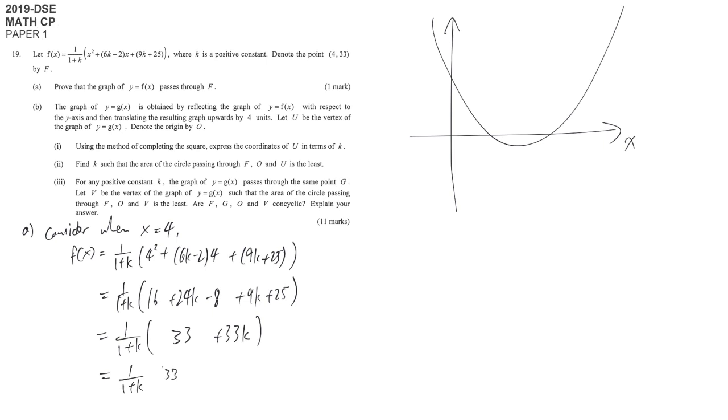So extract common factor 33, and then we find that this part can be cancelled out. The result is 33. So therefore, we know that y equal to f(x) passes through that point.